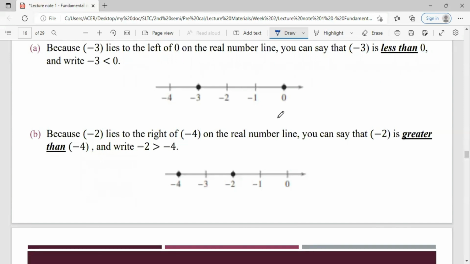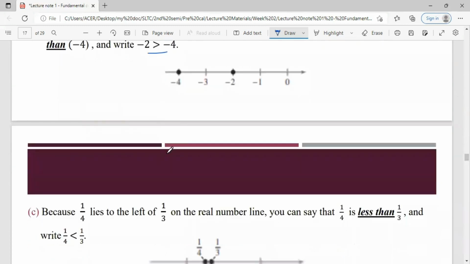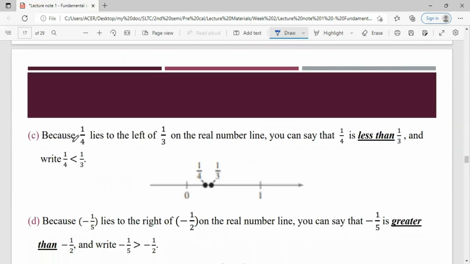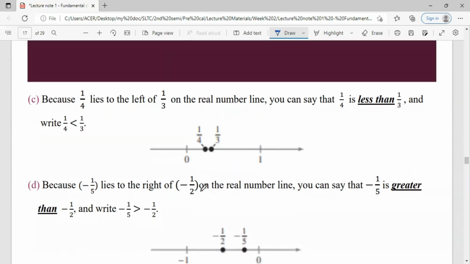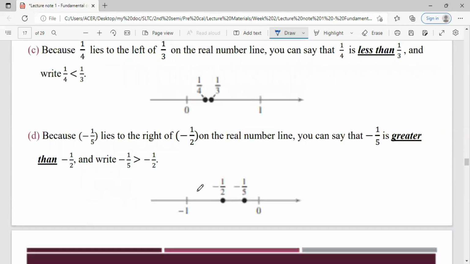So we can say minus 2 is greater than minus 4, using this symbol. And next one, 1 over 4 lies to the left of 1 over 3 on the real number line. So we can say 1 over 4 is less than 1 over 3, and we can write this way. Similarly, this one also, right?